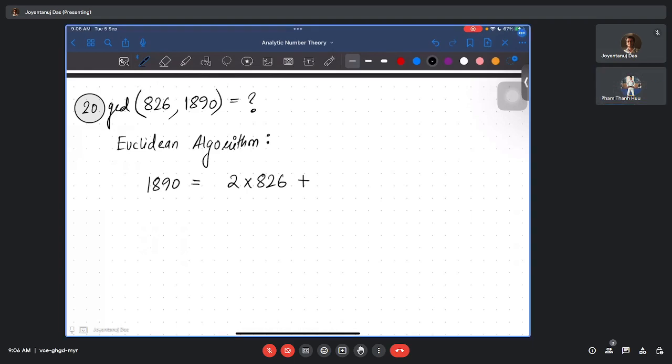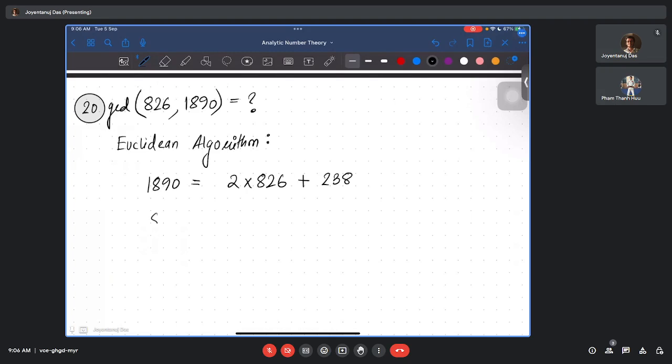What is the remainder? 1890 minus 1652 is 238.